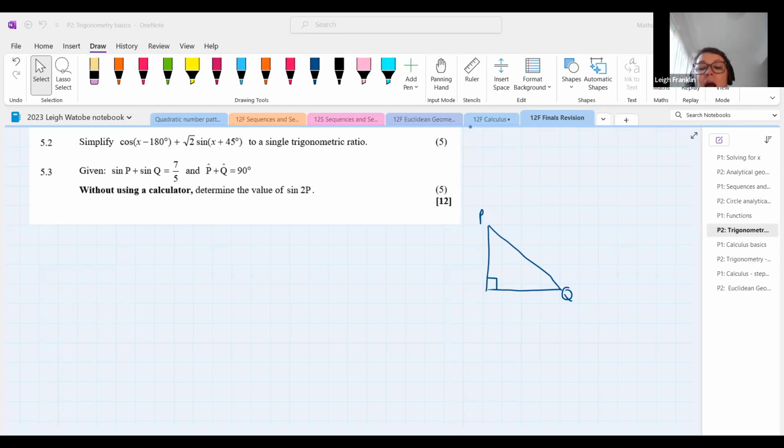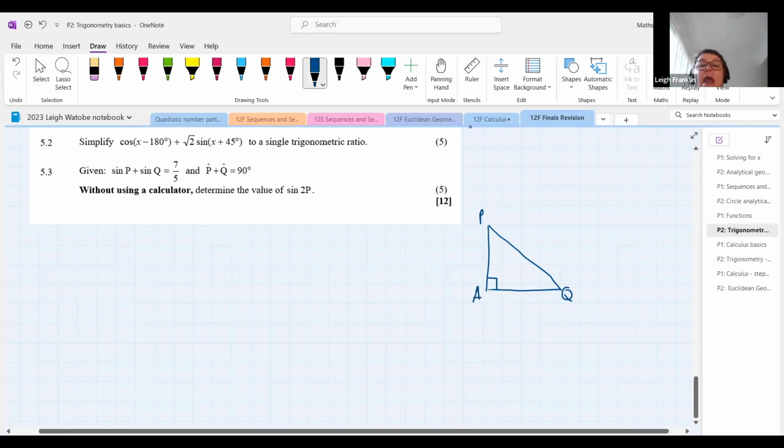So if I call that angle over there A, let me start at this angle over here at Q. The sine of angle Q is going to be opposite over hypotenuse. So that would be AP over PQ, right?